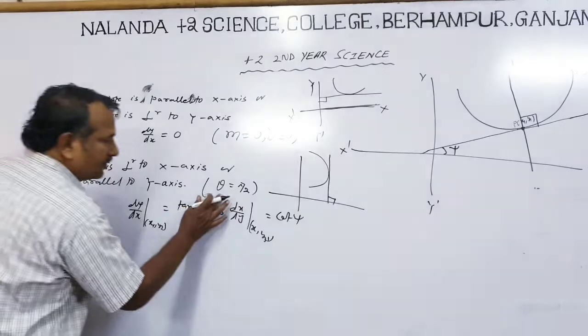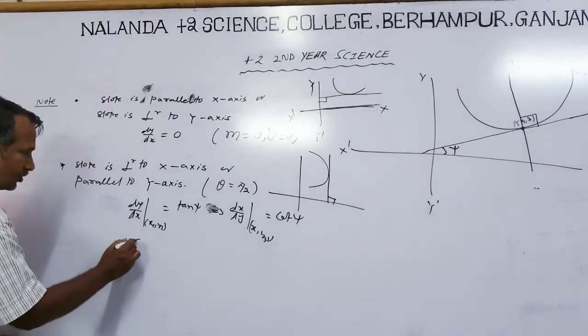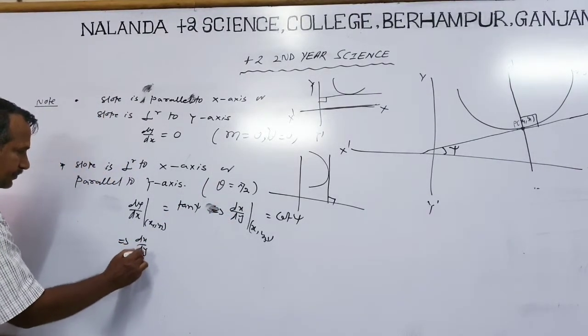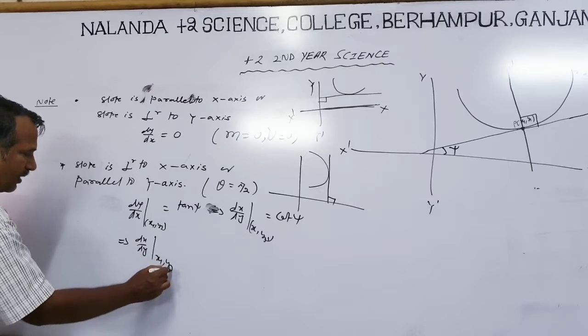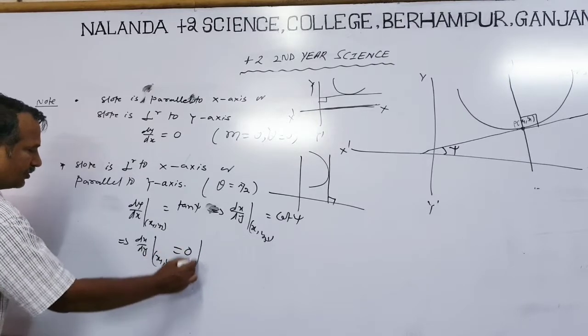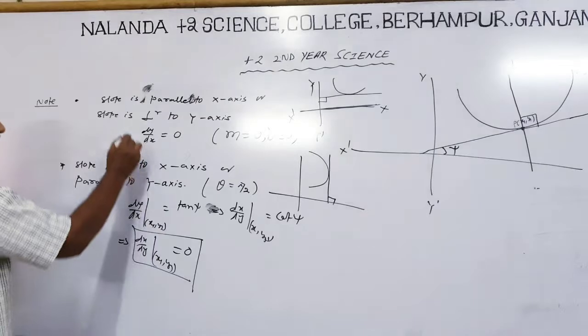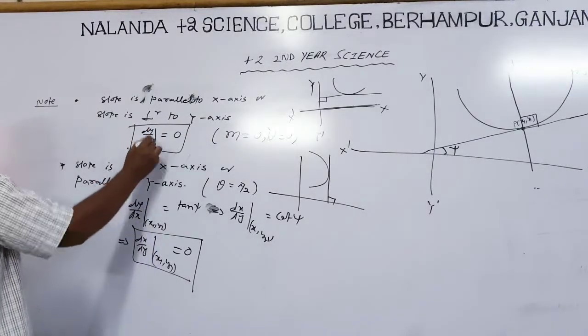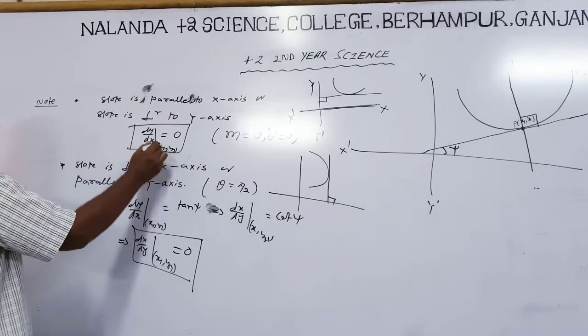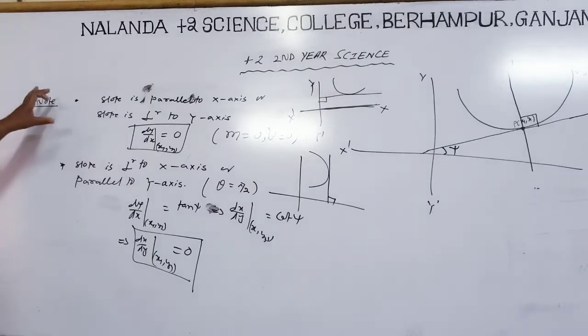Now at theta equals 90 degrees, dx by dy at x1, y1 equals 0. Now these two are conditions.